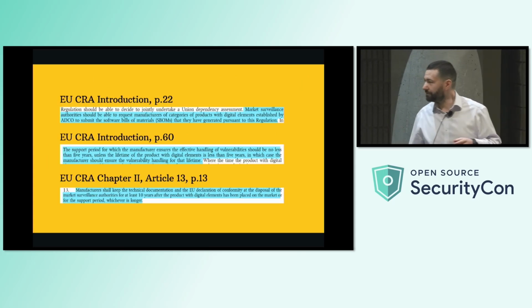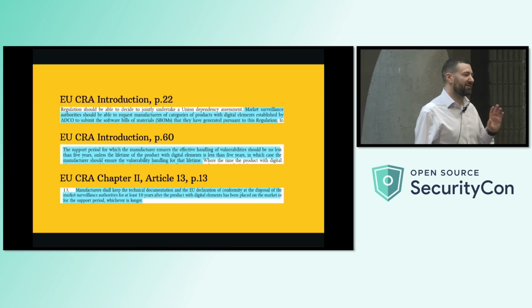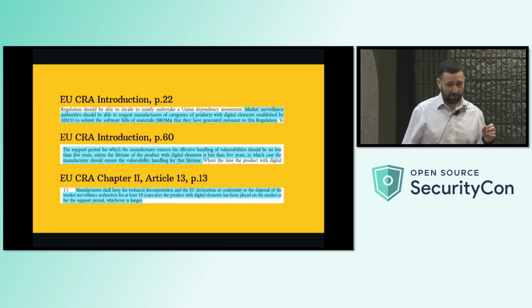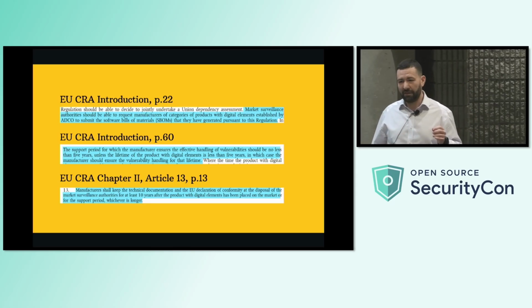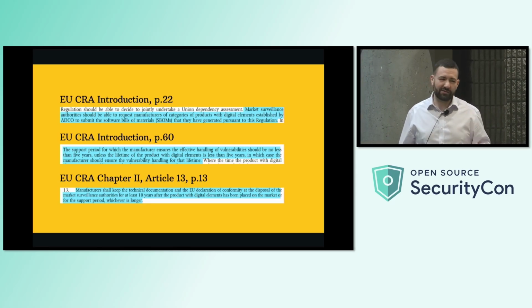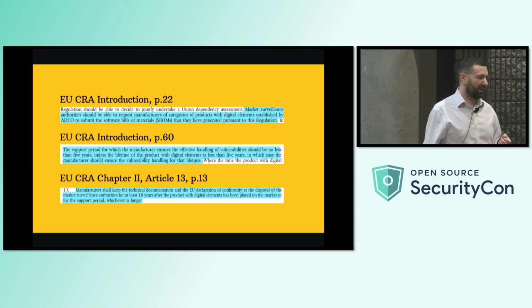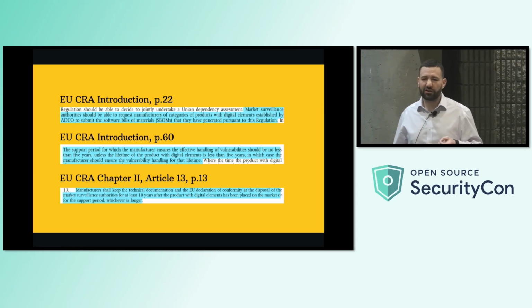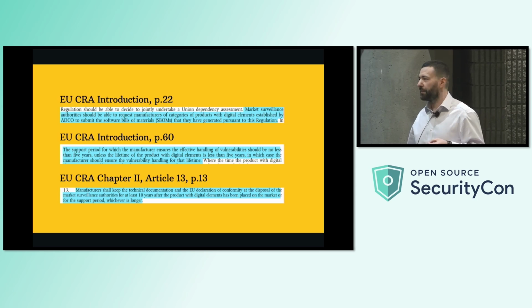Okay, so I'm not a lawyer. This is not legal advice, but this slide has specific quotes from the EU CRA, which makes big strides in the cybersecurity community because it's so big in terms of how many digital products fall under it.